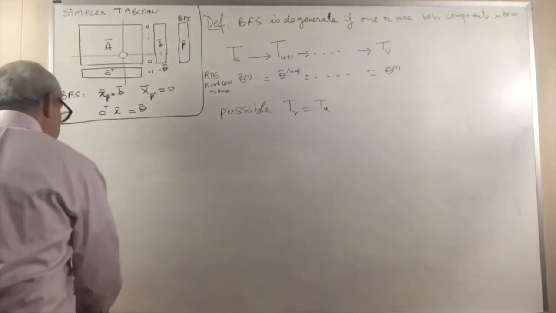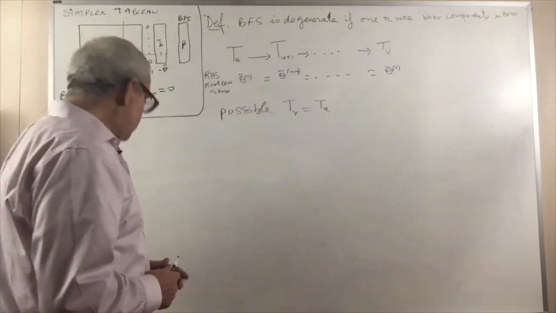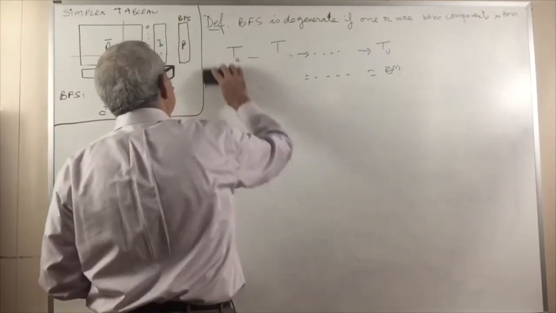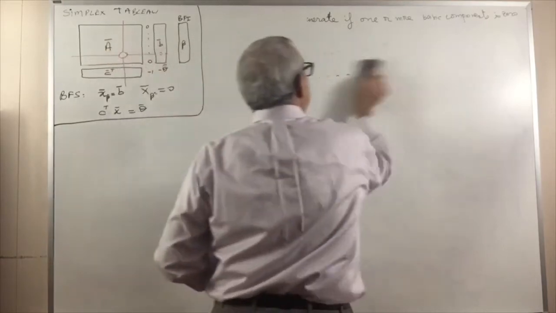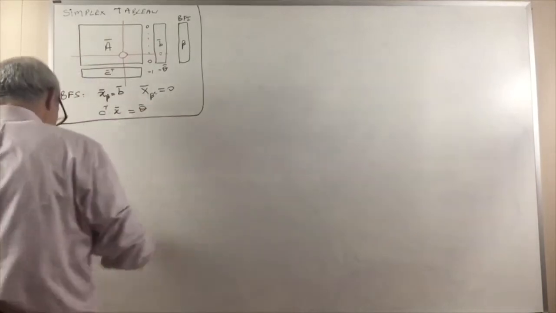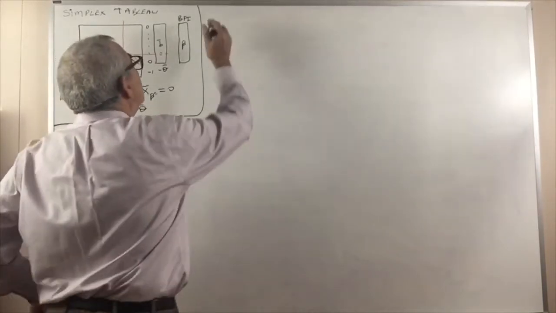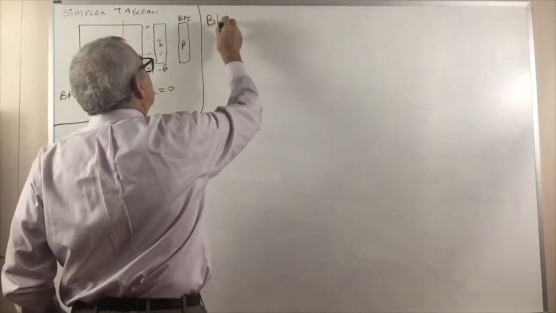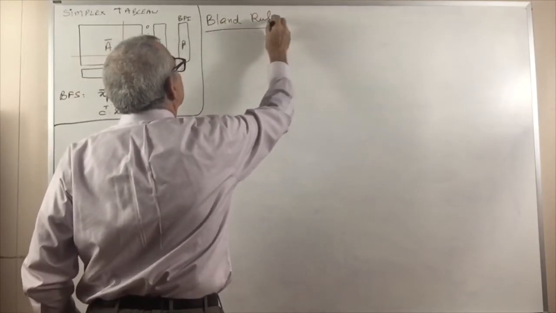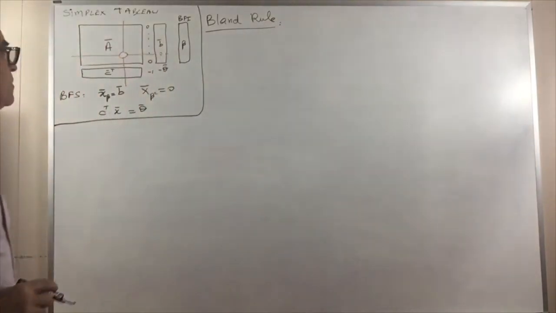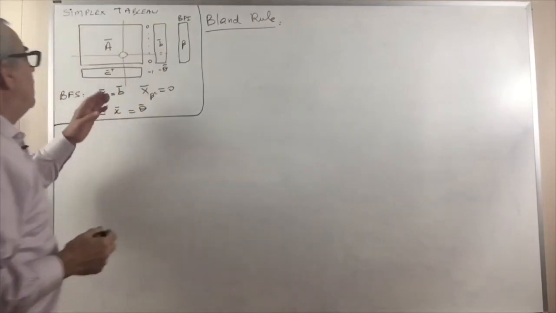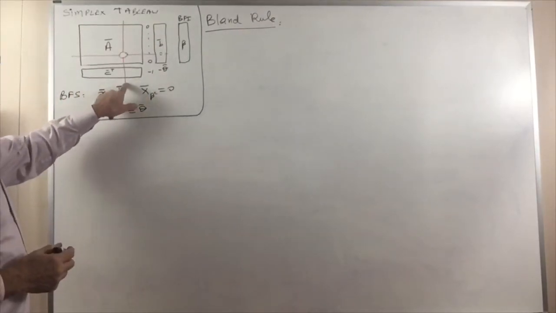Now, the first method to overcome degeneracy is called the Bland rule. So let's go over the Bland rule. The Bland rule gives us a way to choose the pivot column and the pivot row.